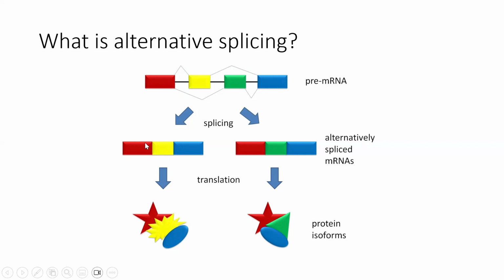And what we see is different combinations of proteins depending on how it's being removed and put together. So it ends up with many, many different types of proteins from the same gene by using this process called alternative splicing.